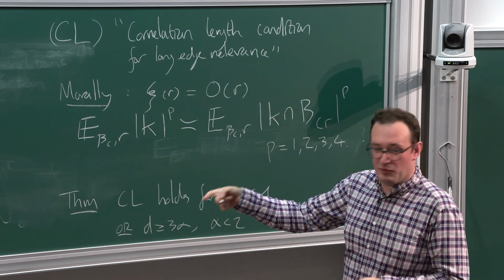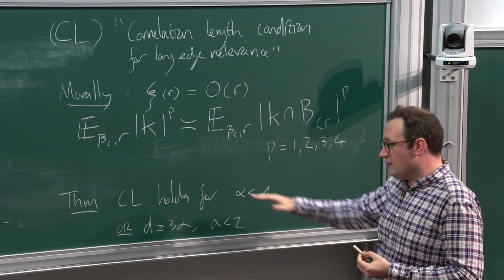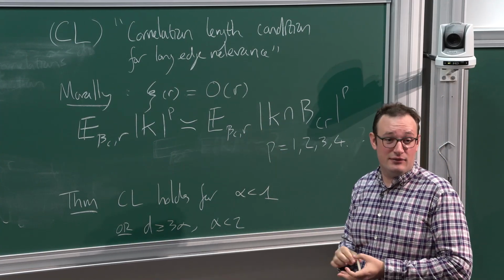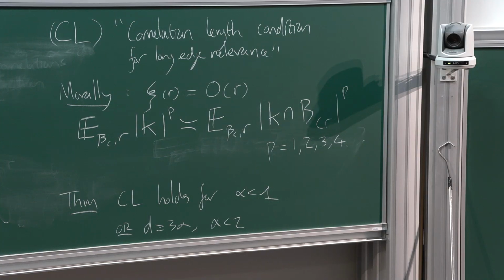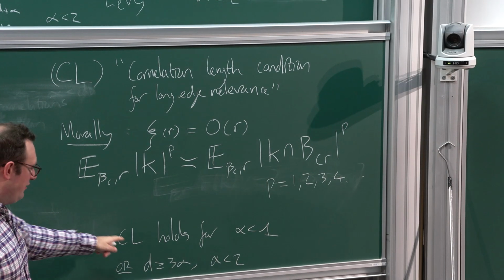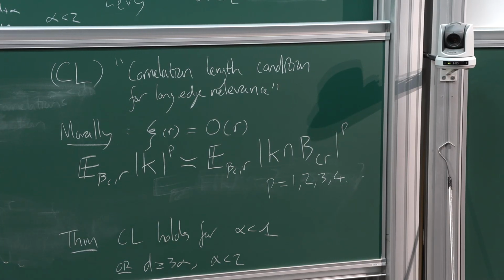So these regimes we were already talking about, the high dimensional and critical dimension, this condition does indeed hold exactly when it should, i.e. when the model is really long range. Okay? And this is essentially a corollary of these earlier results that I mentioned about the 2-point function, but it's not an obvious, maybe a corollary is a bit strong actually. It needs a few pages of proof, but it's closely related to that.